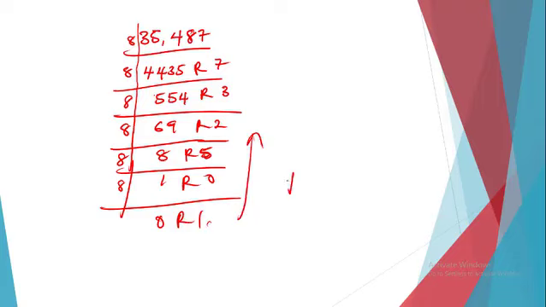So we have 1, 0, 5, 2, 3, and then lastly 7 in base what? In base 8. So the answer is what? 105237 base 8. I hope we are really following.